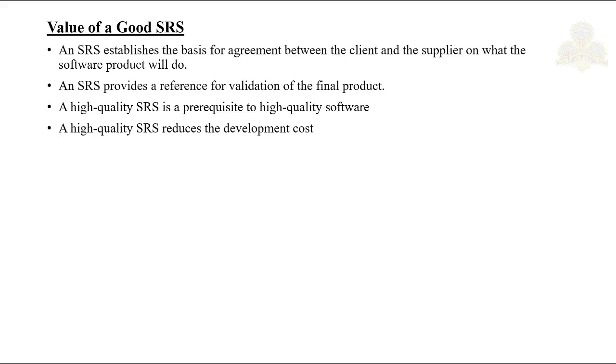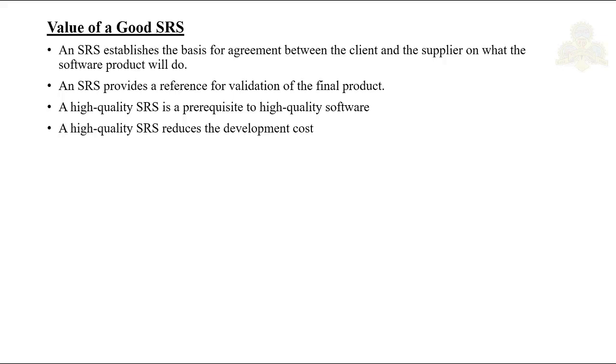The third one: a high quality SRS is a prerequisite to high quality software. So we say that SRS should be of high quality. Suppose the SRS itself has many bugs or lots of errors. Say by mistake these errors are not taken into consideration or are skipped, then what will happen?